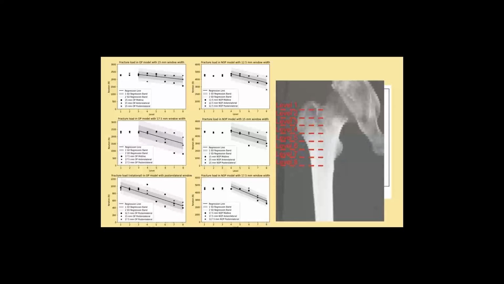However, as you can see on the left hand side, the osteoporotic bone model starts from around 2250 newtons. However, this number for the non-osteoporotic bone is around 4500 newtons. However, once you get below level 3 or 4, as you can see, the fracture load decreases consistently across both models.